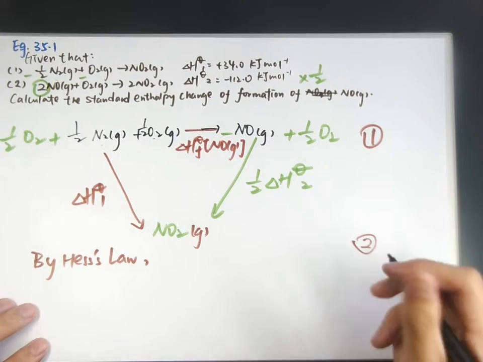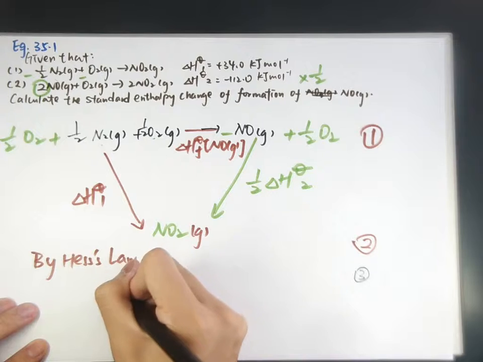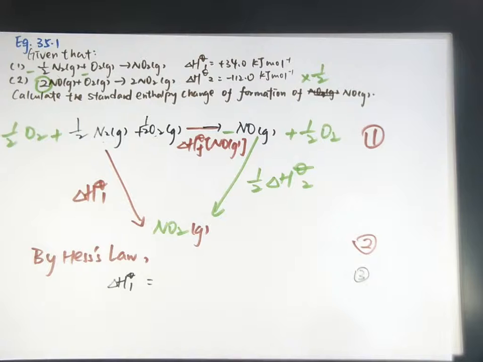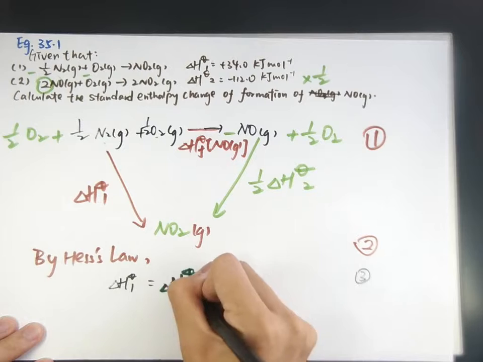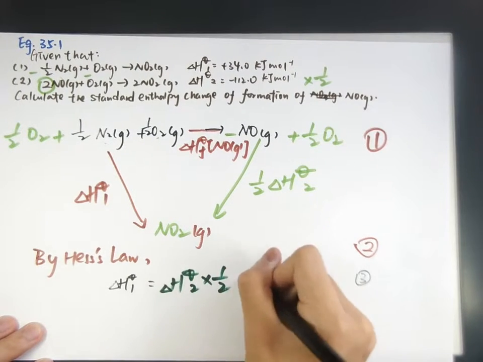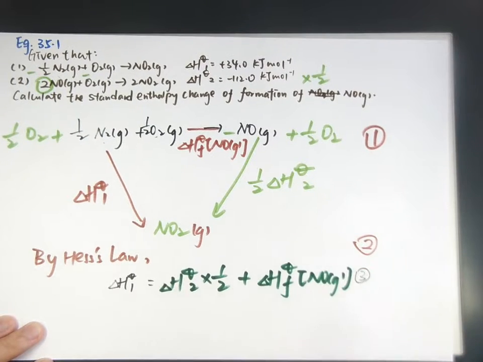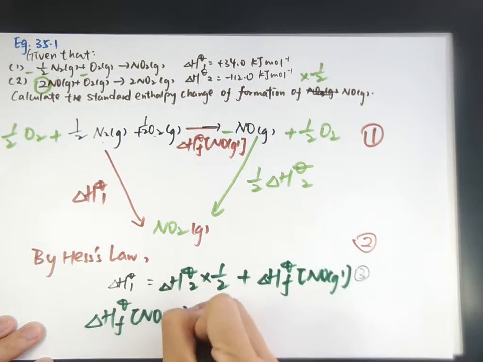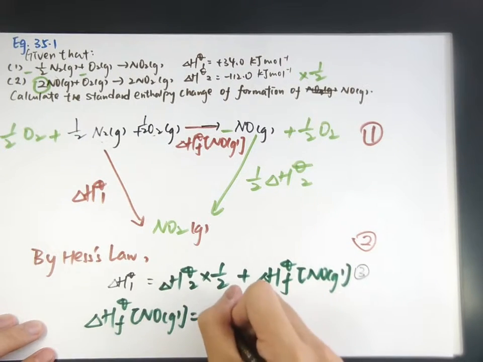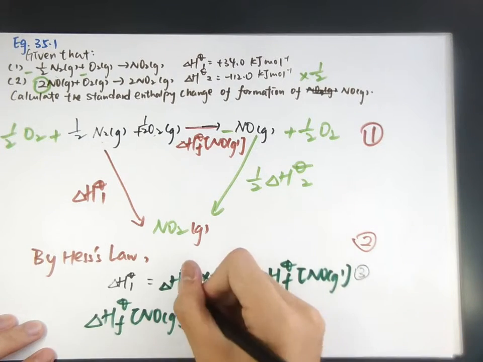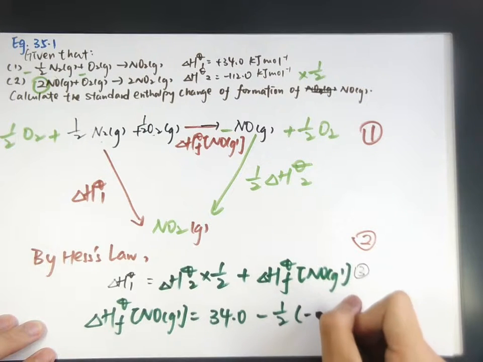The third step, delta H1, the anti-clockwise direction, equals the clockwise direction, delta H2 times 1/2 plus delta HF of NO. So delta HF of NO actually equals delta H1, which is 34.0, minus 1/2 times delta H2, negative 112.0.